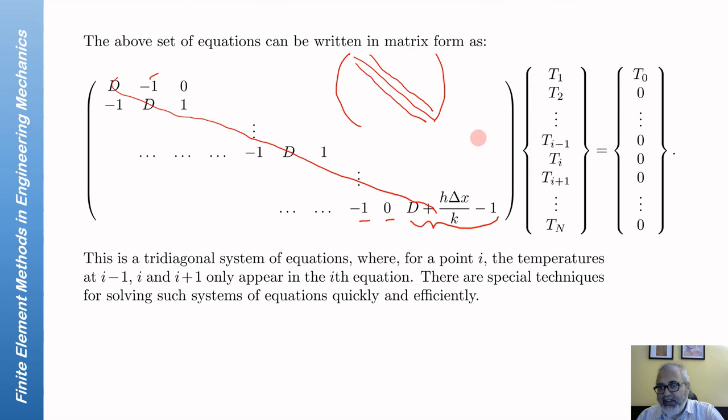And if you solve these tridiagonal systems, you can solve for t1 to tn at all the nodes in your one dimensional fin. So there are special techniques for solving tridiagonal systems which are very fast and very effective, and it makes a lot of sense to convert the problem into this form so that you can solve quickly on the computer.